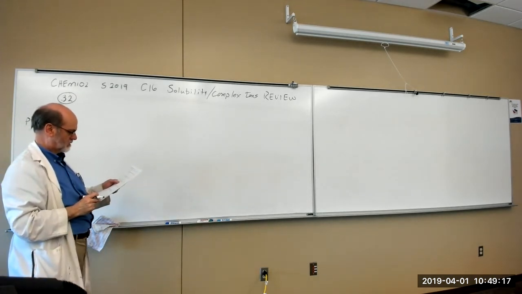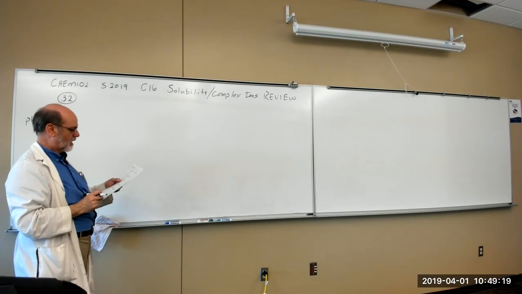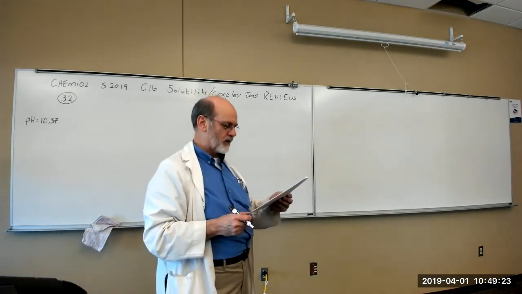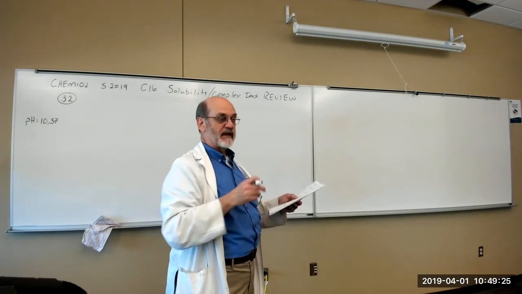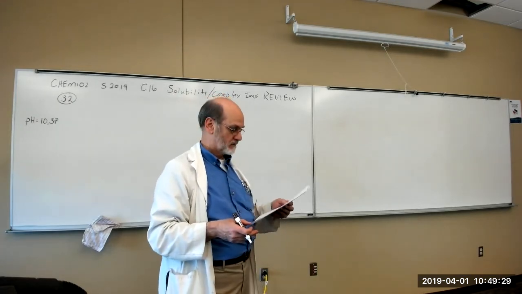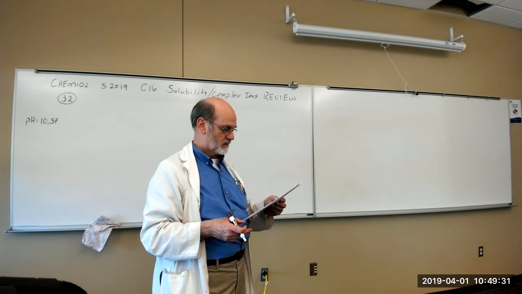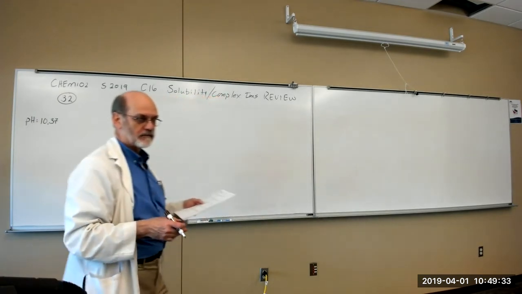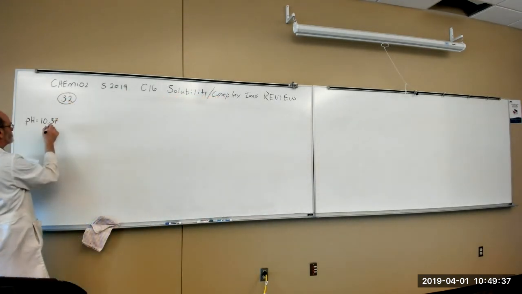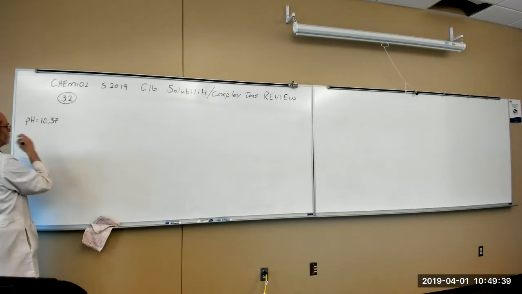I just have to first understand the question. How many moles of iron 2 hydroxide will dissolve in 1 liter? That means, what's the molar concentration, the solubility? What does it mean when you say the water's buffered at pH? Does that say that there's something else already in the water that's making it 10.37?